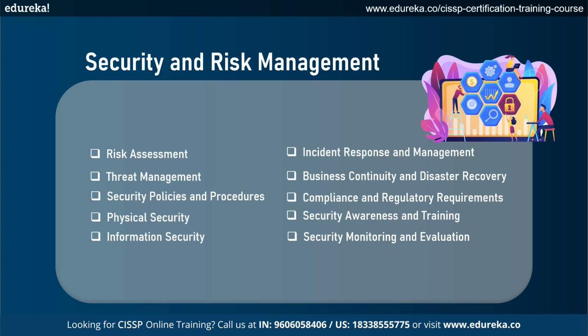Well, there are also some other key components that are typically included in security and risk management, as follows. First is risk assessment, then we have threat management, security policies and procedures, physical security, information security, incident response and management, business continuity and disaster recovery, compliance and regulatory requirements, security awareness and training, security monitoring and evaluation.